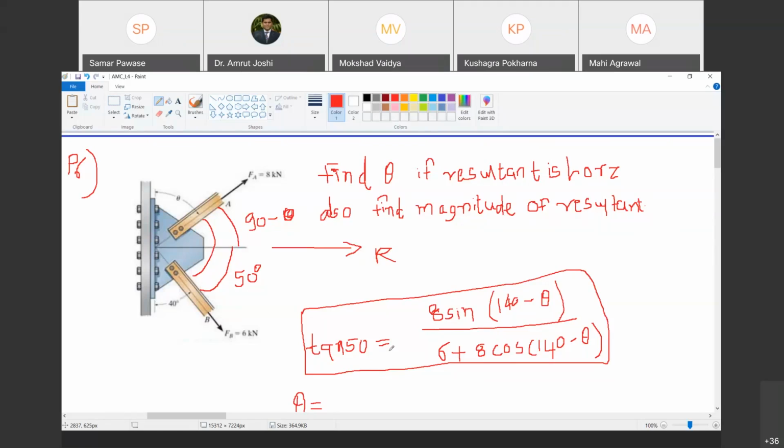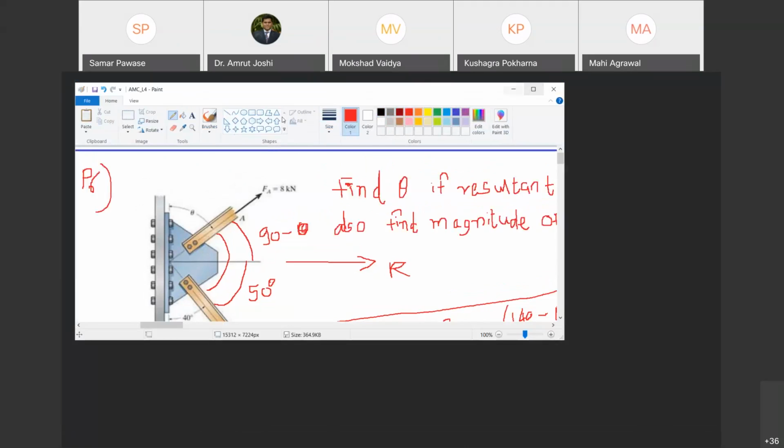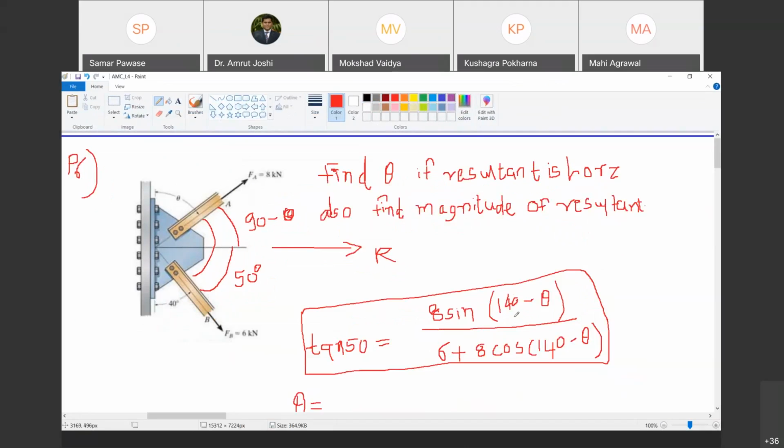Do you have the alpha key on your calculator? Look. Yes, sir. Alpha equal to. Did you find the equal to sign? It will be written above the button. You have to press alpha equal to. Are you able to type that on calculator? Yes, sir. So you wrote tan 50 alpha equal to 8 sine in bracket 140 minus theta. Call theta A. So the letter A on your calculator, you have to type it as alpha A. Are you with me? Yes, sir. So you have to write tan 50 is equal to 8 sine in bracket 140 minus alpha A. Did you write it? Yes, sir.